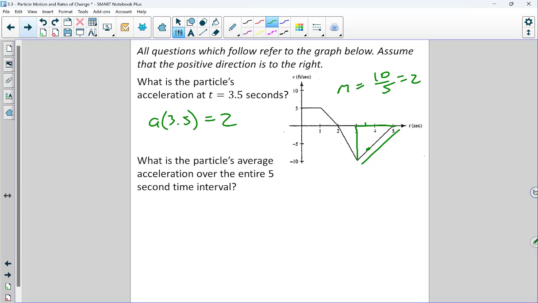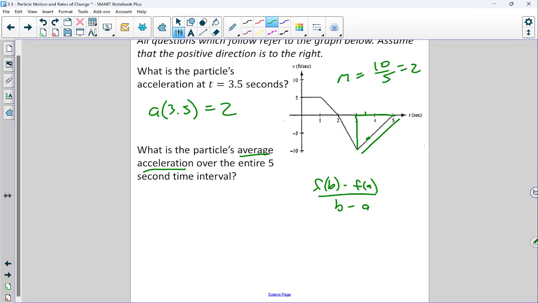What is the particle's average acceleration over the entire 5-second time interval? We're looking for the average acceleration. So as soon as I see average, I'm thinking average rate of change. Keep in mind, this says average acceleration. If I think of average rate of change as average velocity, I would get average velocity by doing the change in position.